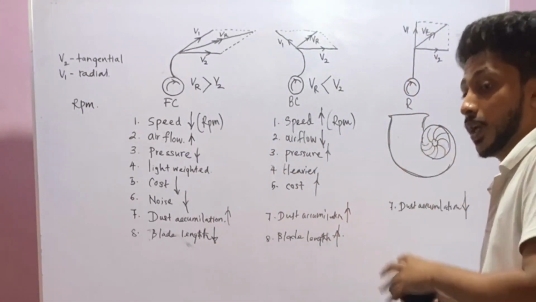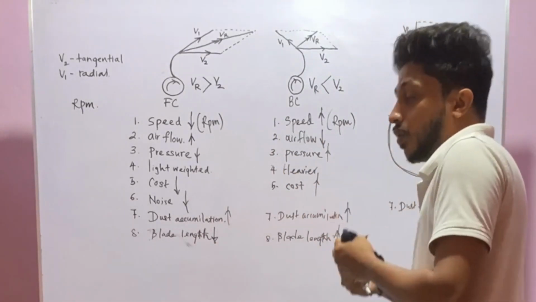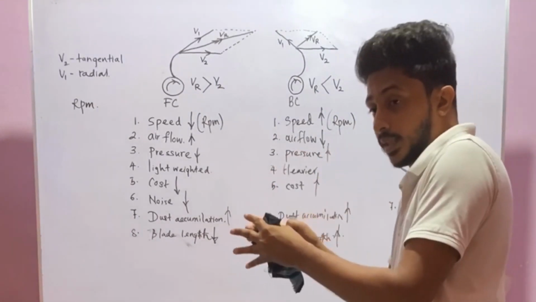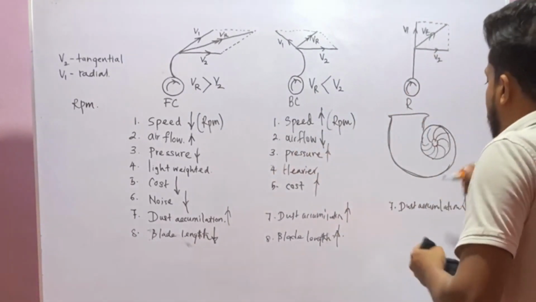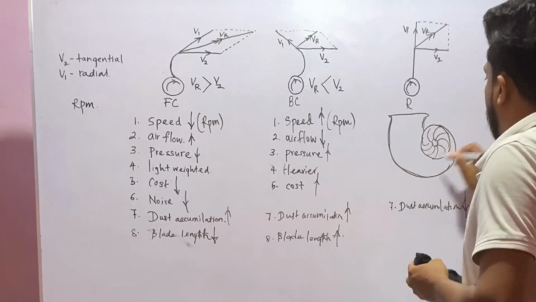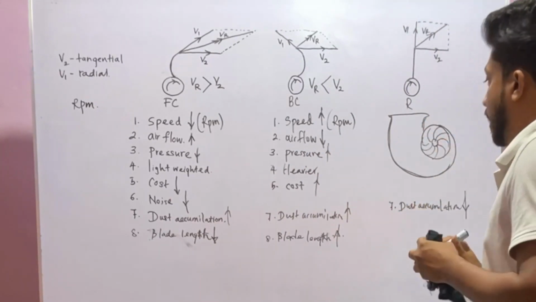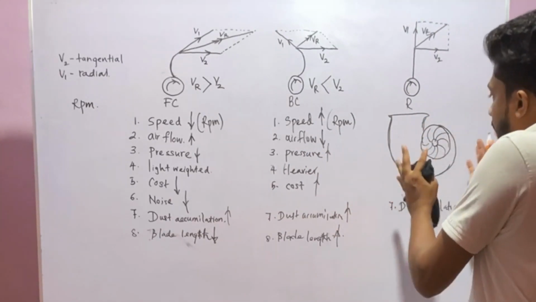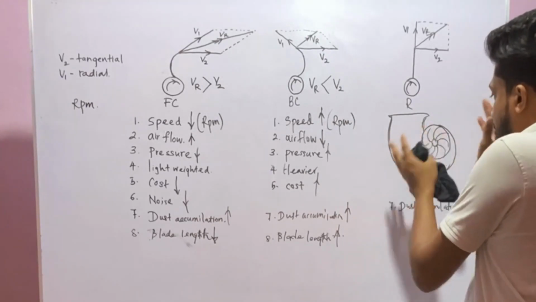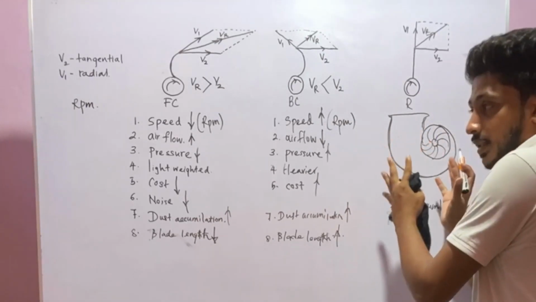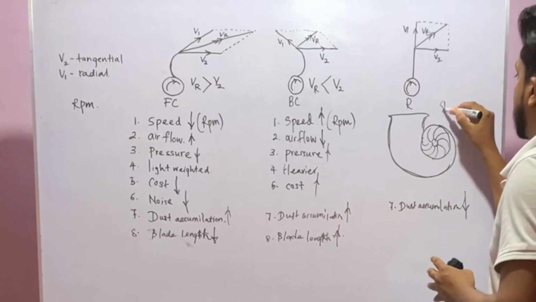Because of that, in order to convert velocity pressure into static pressure, we have to make something like this, a housing. Why? When we collect something inside a container, what happens? Static pressure is high.